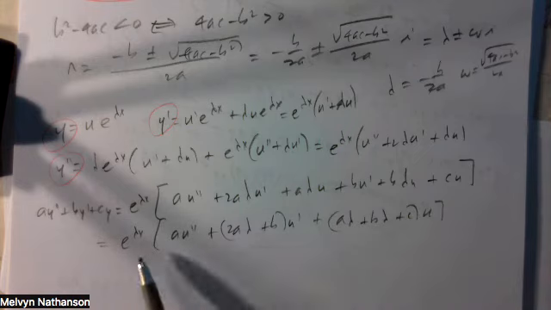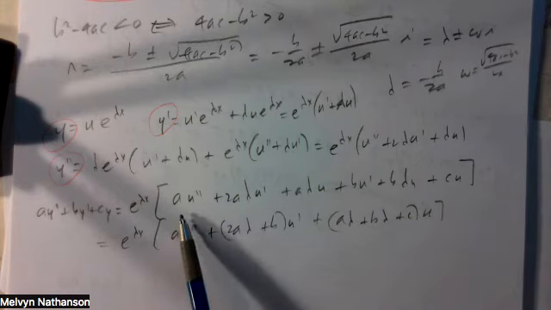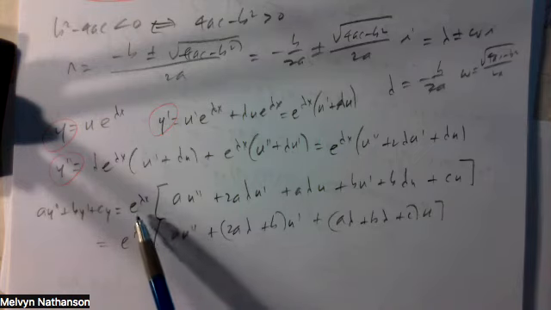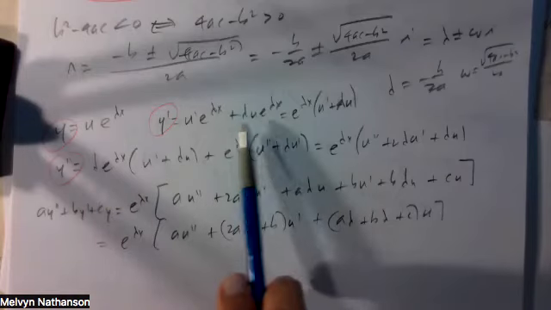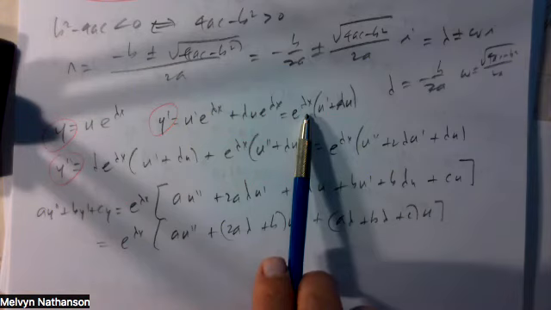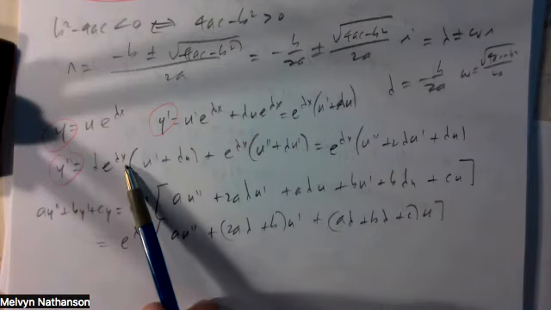Let me see, there should be a lambda squared here somewhere. When I differentiated y prime, I get lambda e to the lambda x.